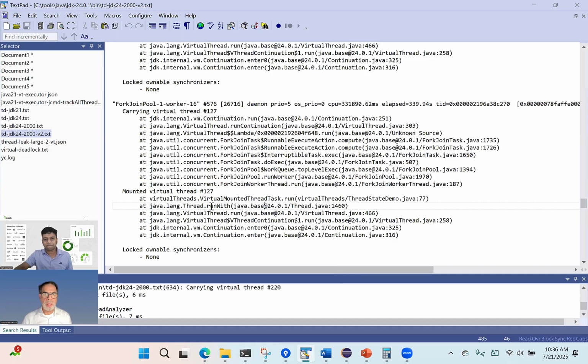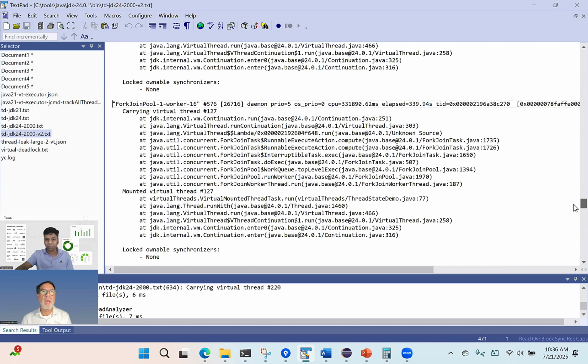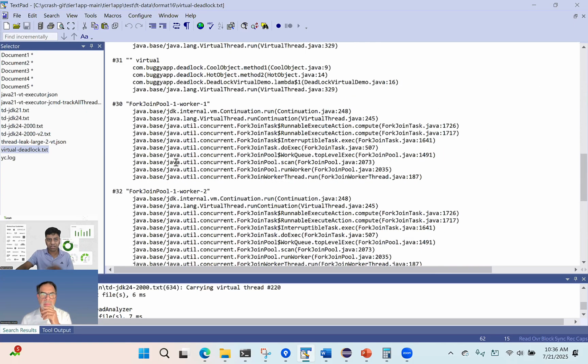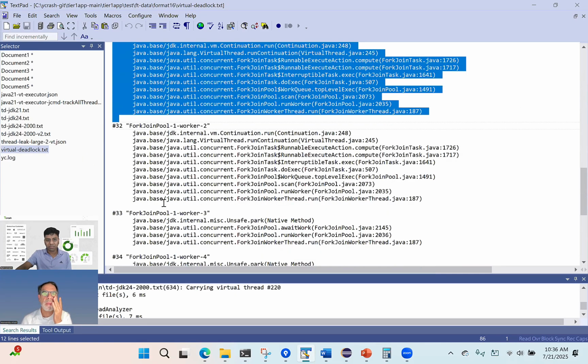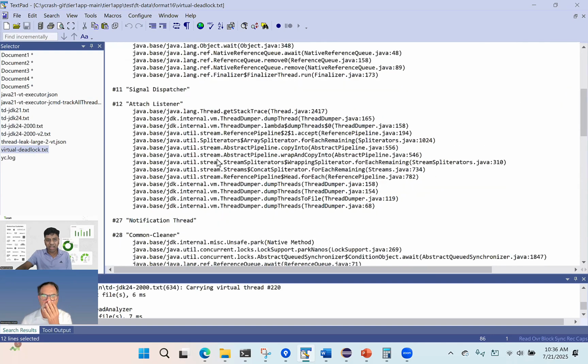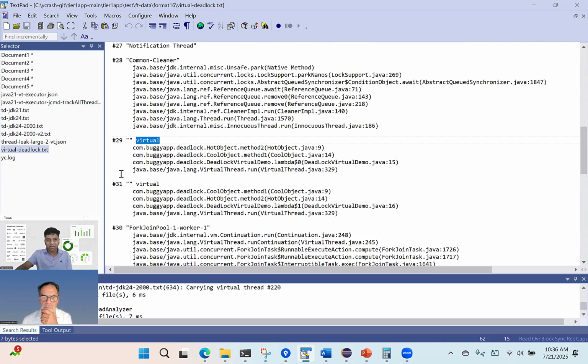See, look at this. This is a thread dump, which was of JDK 24. See, now it has evolved, right? In the very early stages of the JDK, they were just printing it like this. If it is a virtual thread, they would just say it is virtual, but it didn't have all the details.